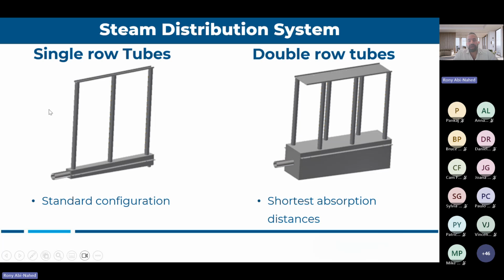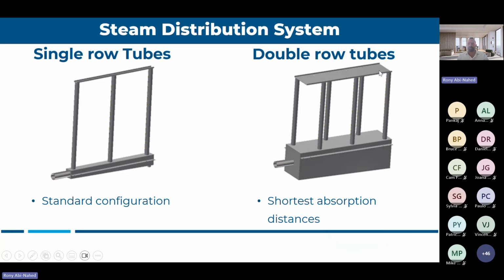Now you have the option to have single row tubes or double row tubes, depending again on the manufacturer you're using. The idea of showing this slide is for you to be aware that when you're designing a job, it's really important to know the absorption distance you have. As I mentioned earlier in my presentation, that's the distance between your grid and the next item that it's going to touch, whether it is a filter or a coil.